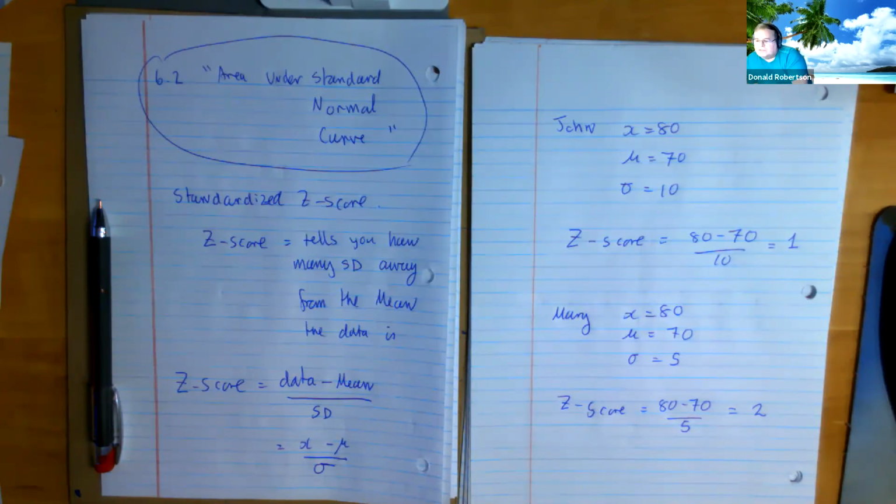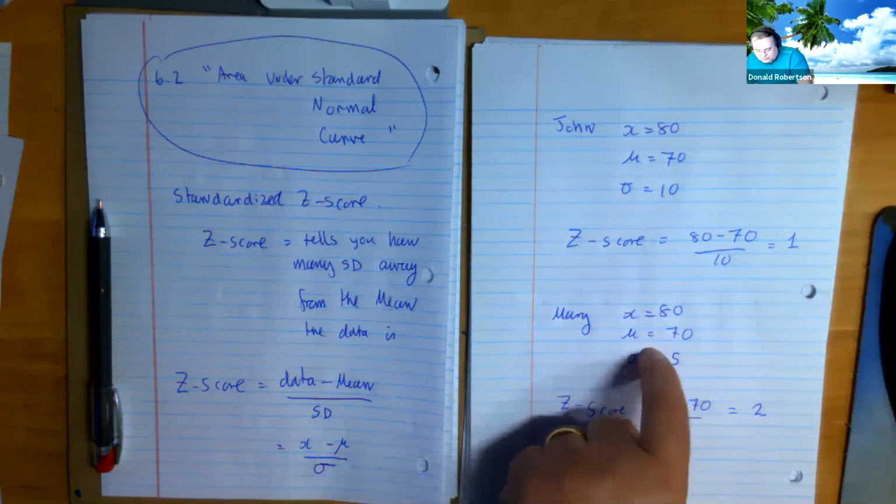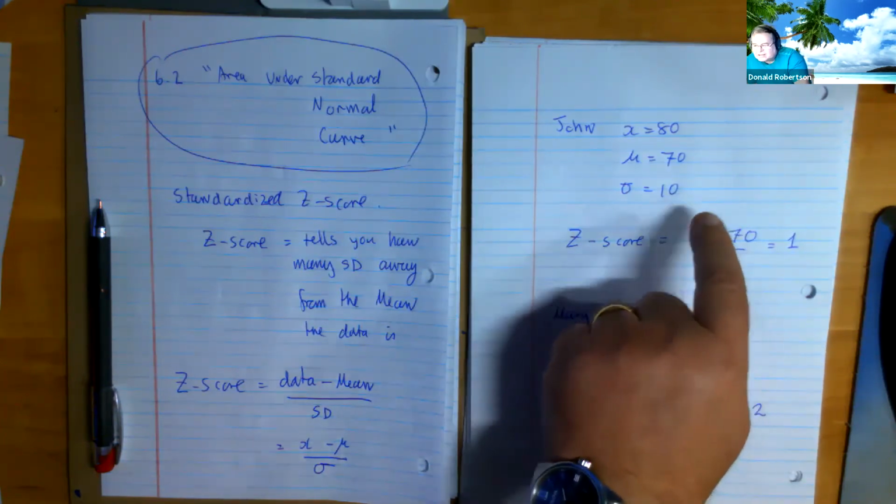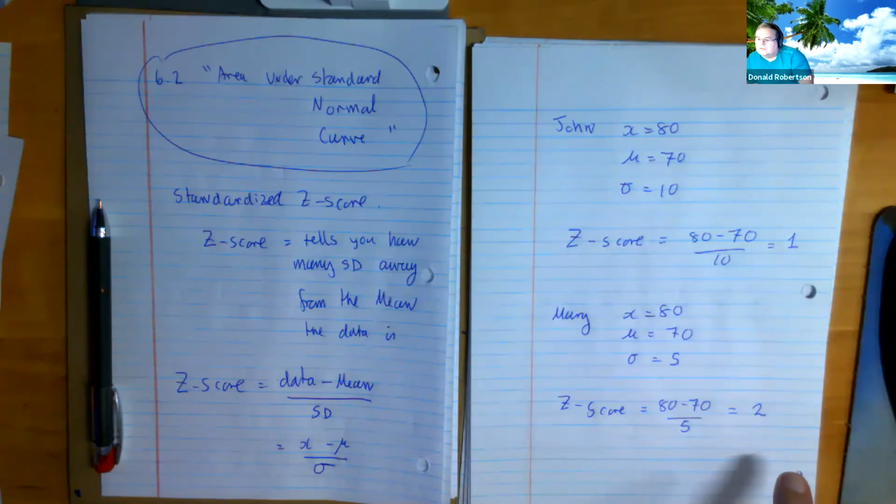Now, the bigger the z-score, the harder it is to get that thing, right? So it's harder for you to get 80 in Mary's class than it is to get 80 in John's class. Because in Mary's class, don't you have to be 2 standard deviations away from the mean? And that's typically harder to get because it's further away from the center, right? Where all the usual people get their scores.